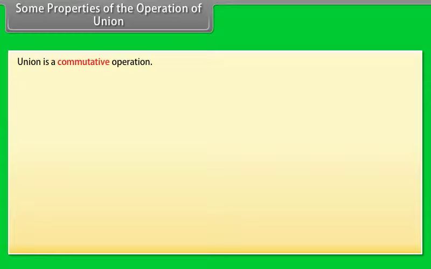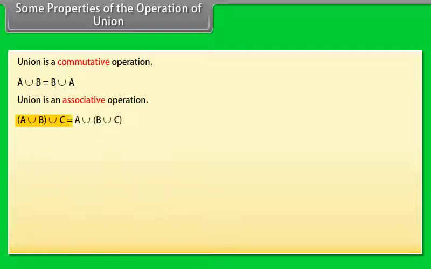Some properties of the operation of union. Union is a commutative operation. A union B is equal to B union A. Union is an associative operation. A union B union C is equal to A union B union C. Law of identity element.